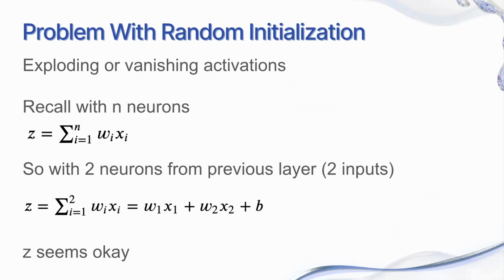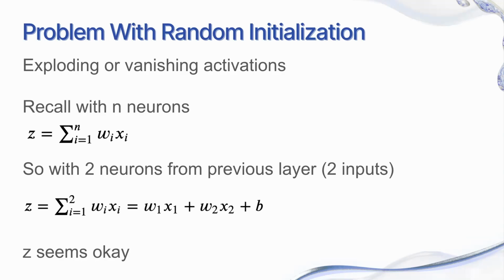So first of all, the problem it causes is either exploding or vanishing gradient or activation. Recall for each layer, for each neuron, your computation for the value z is w times x, which is basically a sum over the n neurons from the previous layer, so n terms.